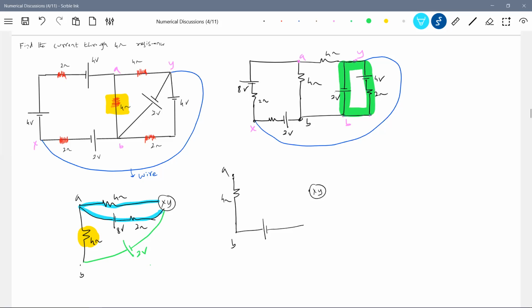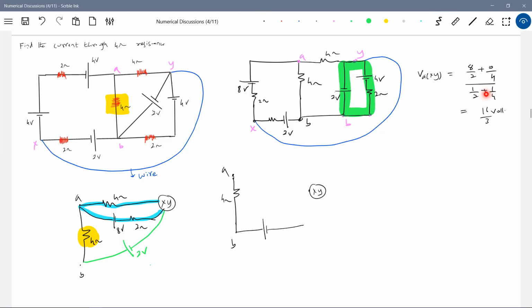Now what should be the EMF of this? It should be equal to VAXY, I'll write it. VAXY should be equal to 8 by 2 plus 0 by 4, over 1 by 2 plus 1 by 4. So this will be 4, 3 by 4, 16 by 3.